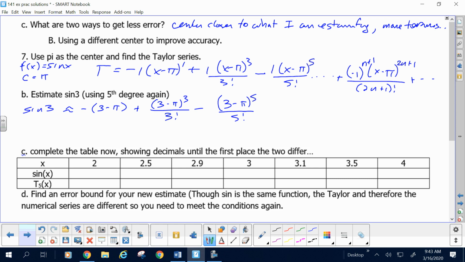These should be small. Sine of 3 is close to sine of pi, and therefore I imagine it would be very close to 0. There's my estimate. I just left it like that. Oh, actually, I did calculate. It's about 0.14112.